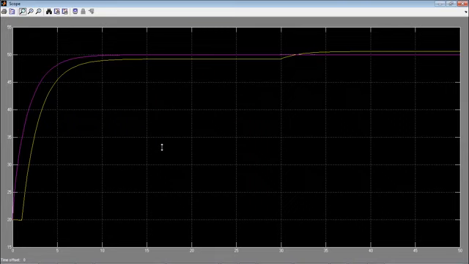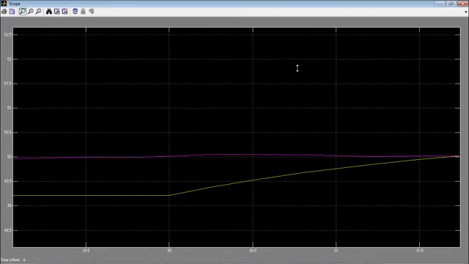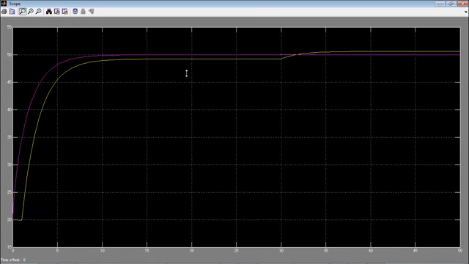The first difference that we can see is the perturbation is almost not felt at all. If we look over here, we know that our desired value of temperature is 50.